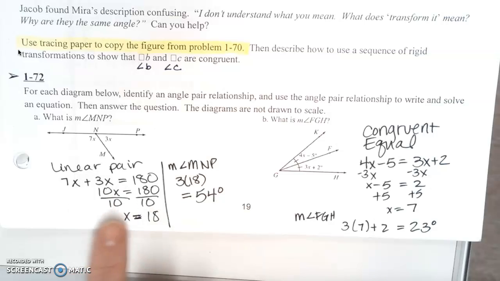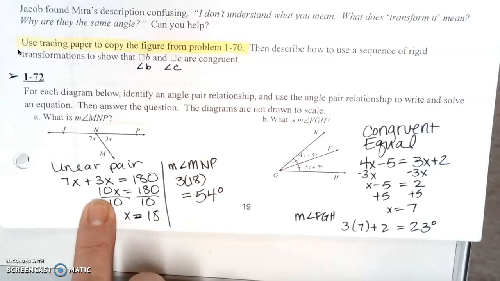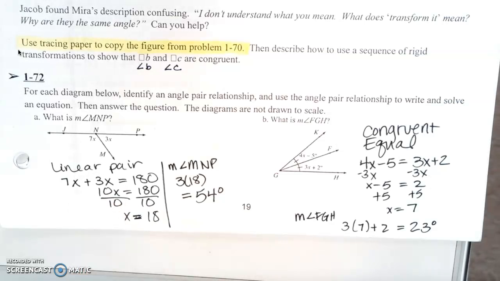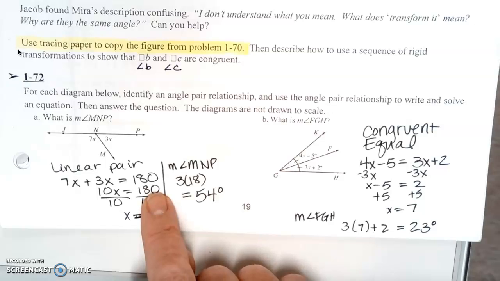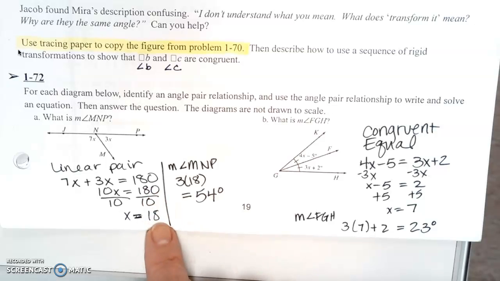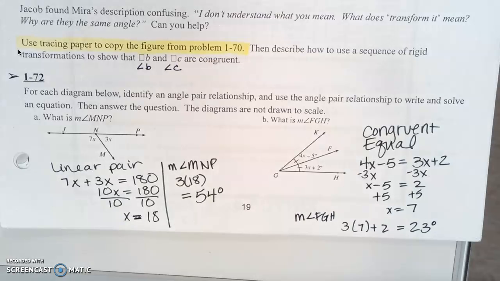And then the inverse operation of multiplying by 10 is dividing by 10. So when we take the 10x and divide it by 10, we're just left with x. And when we take the 180 and divide it by 10, we're left with 18. So what this is saying is that x is equal to 18, but we have to take that 18 and plug it back in.